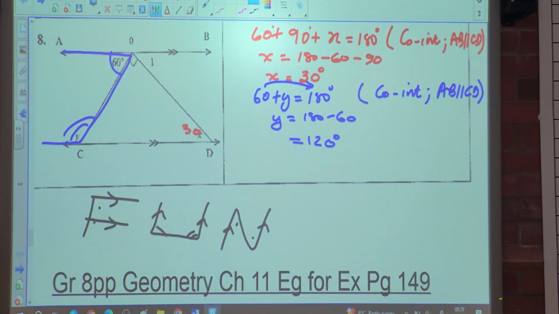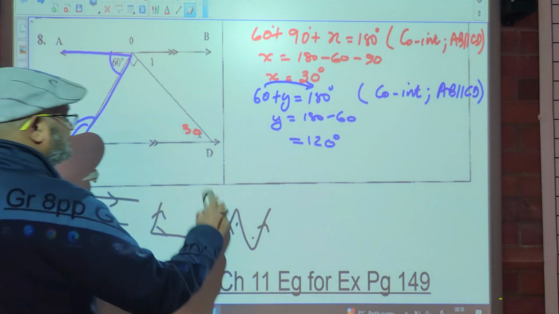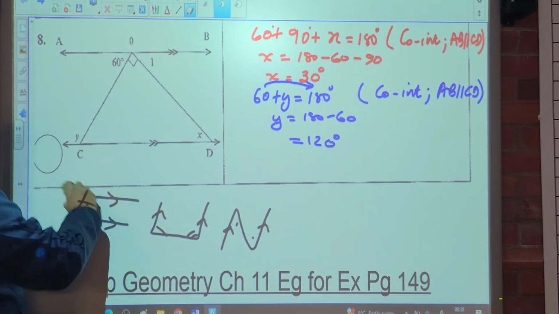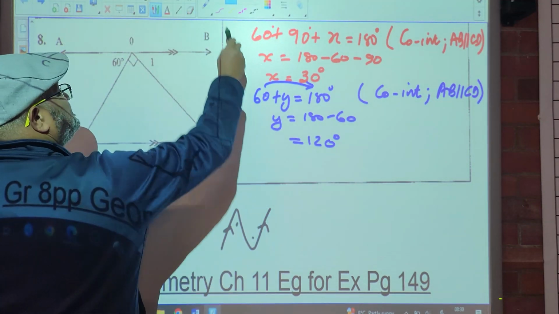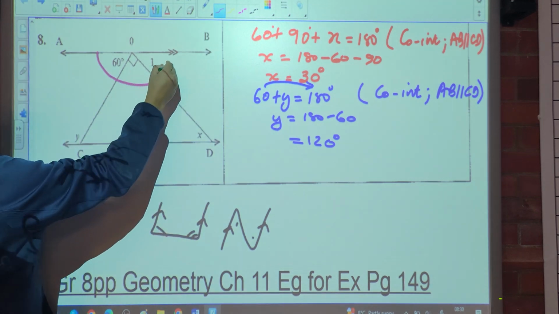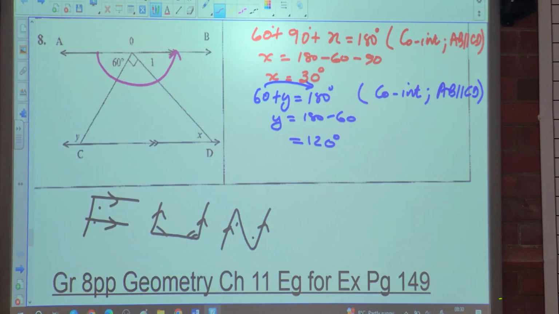Did anybody apply another method? Or can anybody see another method that could have been applied? I could have added angles on a straight line.